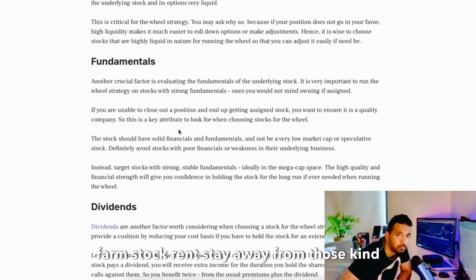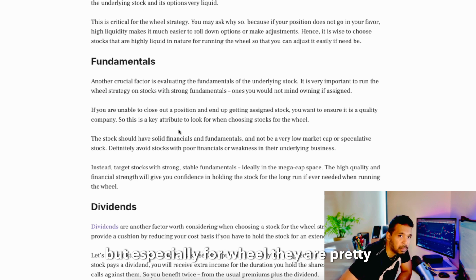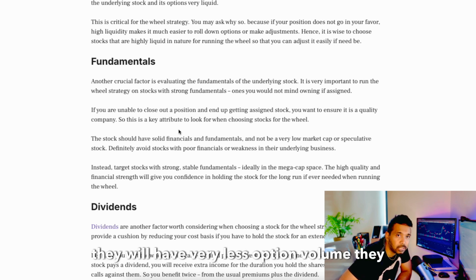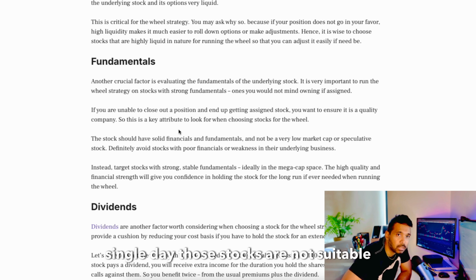Stay away from those kinds of stocks, not just for the wheel but even otherwise, but especially for the wheel they're a pretty bad choice, because by nature they will have very little option volume, and they may not even have options. The second issue is that you have no control over what news comes up. It may go 20%, 30% up in a single day.